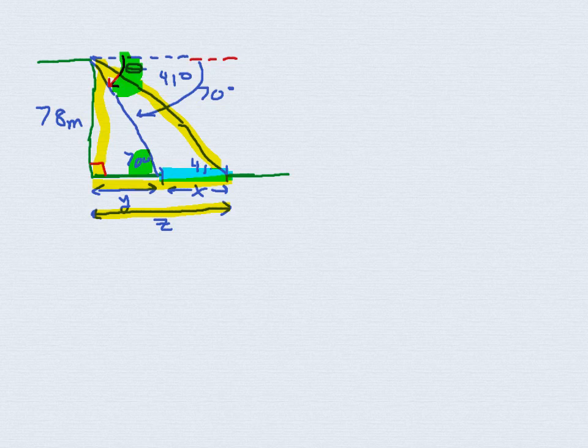With respect to the angles of depression that have moved down to the bottom of the triangle, 70 degrees and the 78 is the opposite, and the y is the adjacent. So for example, the tan of 70 degrees is equal to the opposite of 78 over the adjacent, which is y. Now because the y is on the bottom of the fraction, you're going to have to cross multiply and divide.